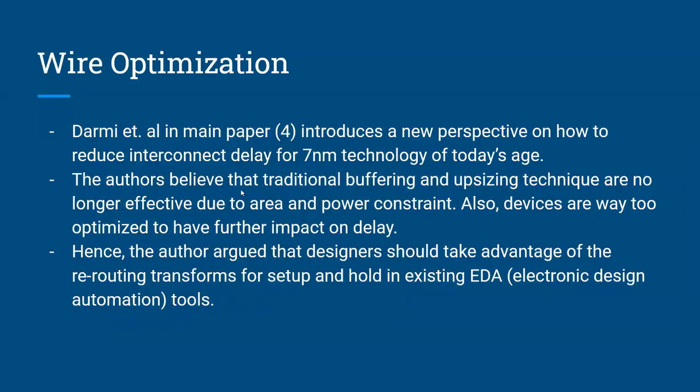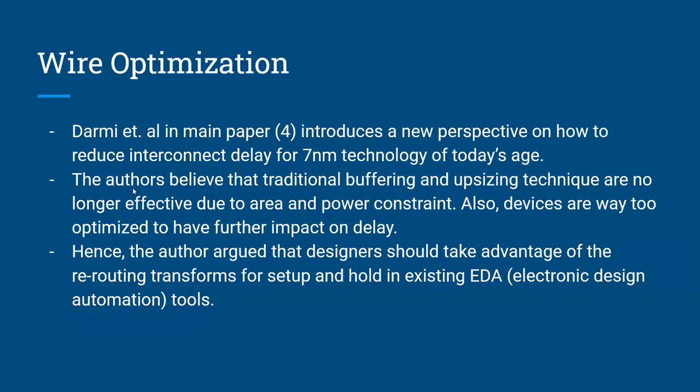All right. So the fourth and final method is wire optimization. So in main paper 4, Dami et al. introduces a new perspective on how to reduce interconnect delay for 7 nanometer technology of today's age. Other papers presented before were mainly focused on much larger technology, so 45 or 180.